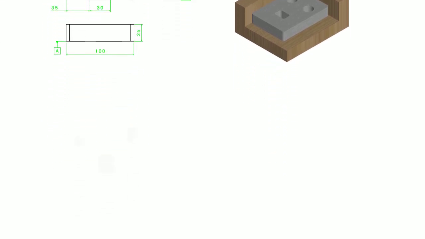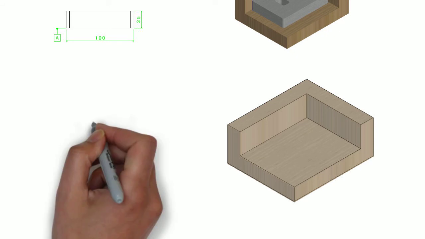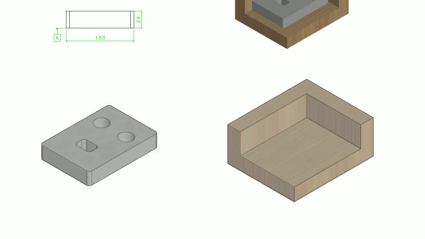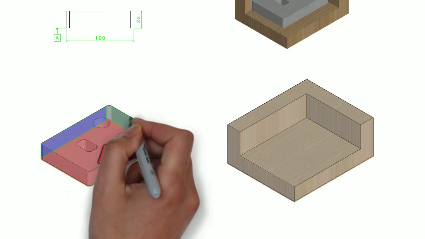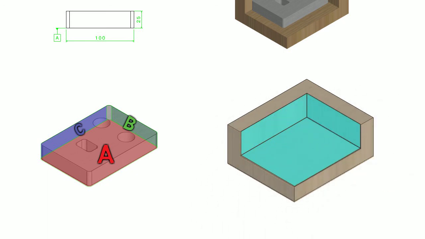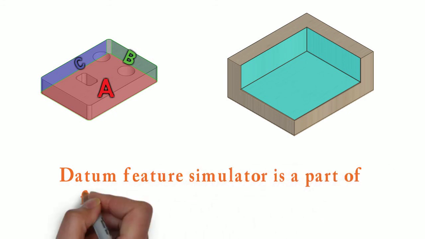Here we will separate both of these parts. So here this is a fixture and it's a part. Here it's datum feature A, B and C, while these are the datum feature simulators. So basically datum feature simulator is a part of a fixture.